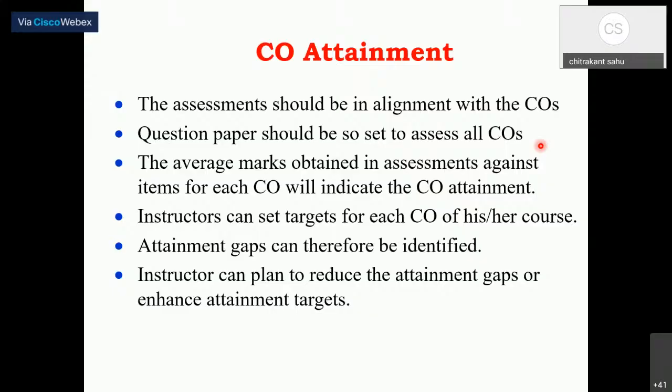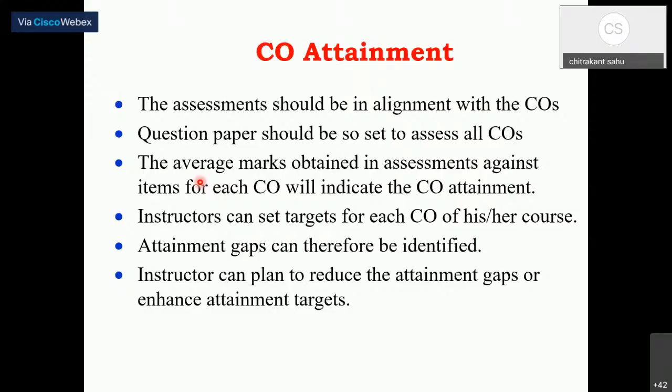The questions we ask should be based on Bloom's taxonomy level, and Bloom's taxonomy level should be correlated with the course outcomes. Third, the average marks obtained in the assessment against the items of each CO will indicate the CO attainment. For that, we need to take one threshold. Average marks can be one threshold for calculation of the attainment. I'll show examples after this slide.